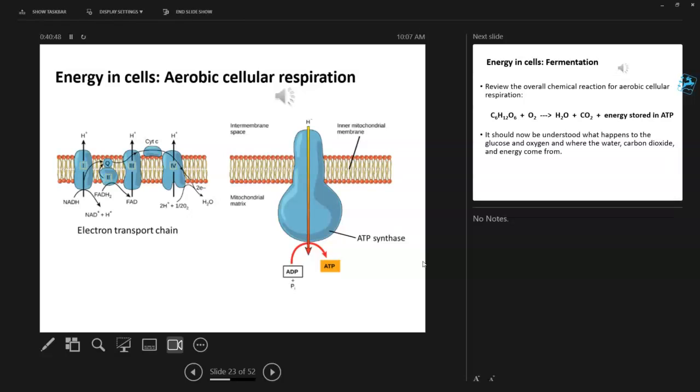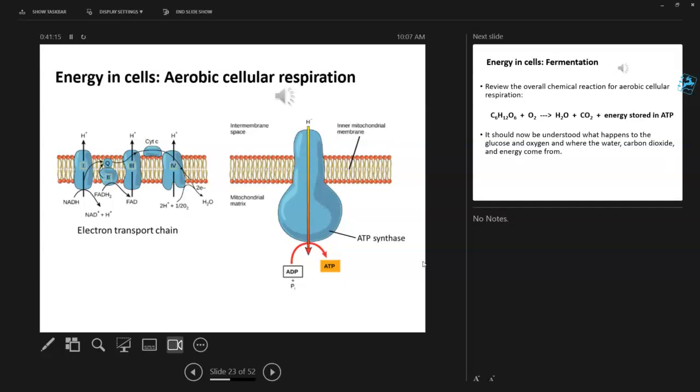And synthase is an enzyme that synthesizes something. To synthesize means to make a molecule. And the molecule that's being made is ATP. So this tells us what this enzyme does. It's an enzyme that makes ATP. And how it does that, it uses the energy from these H plus ions flowing through it to recharge ATP molecules.